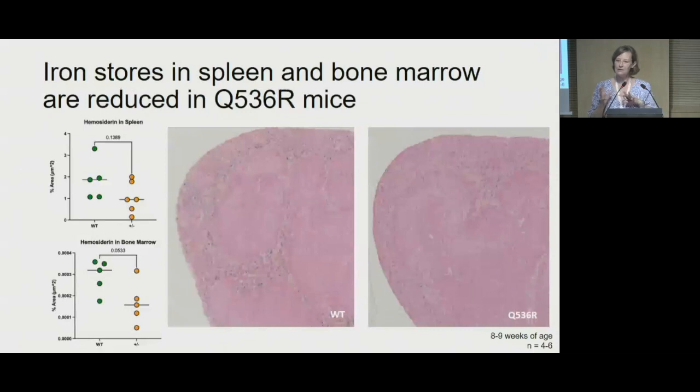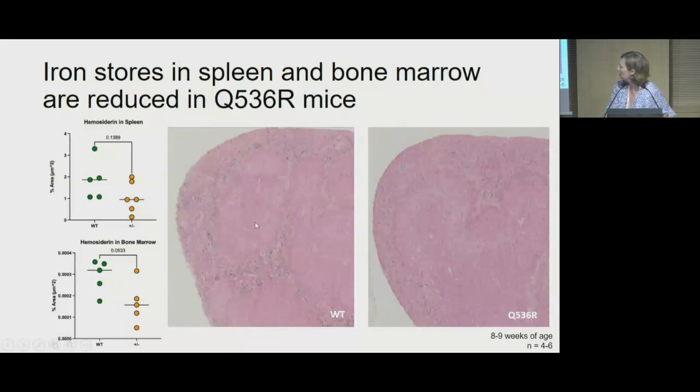So this is the histology that I mentioned. There's a stain that you can do for stored iron, which is iron that's complexed to ferritin. And I'm not sure if you can see this, but it's these little blue speckles that you see here in the spleen.